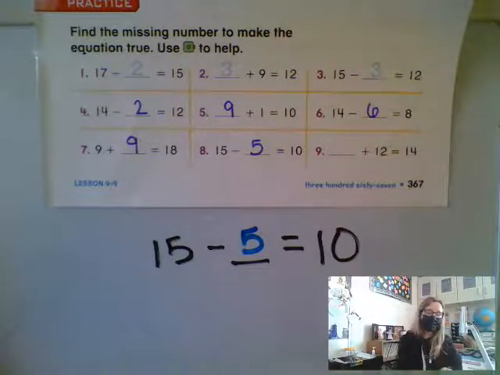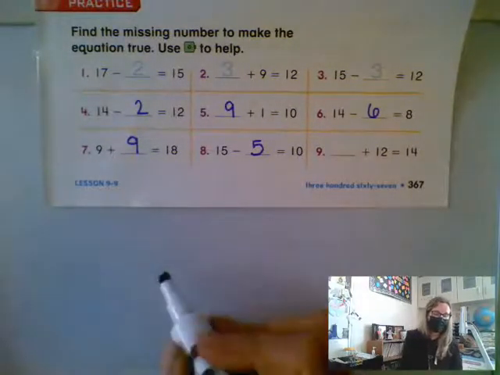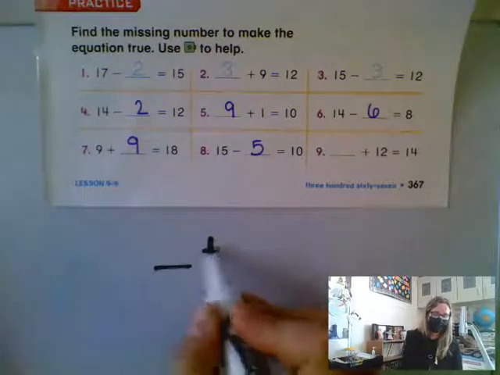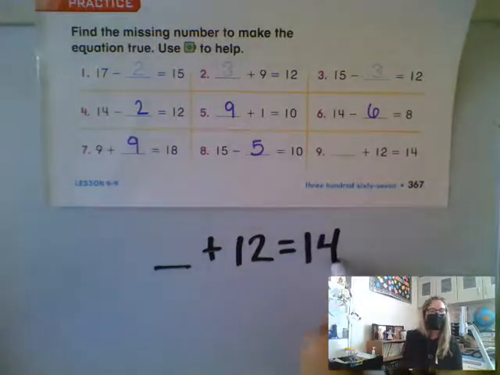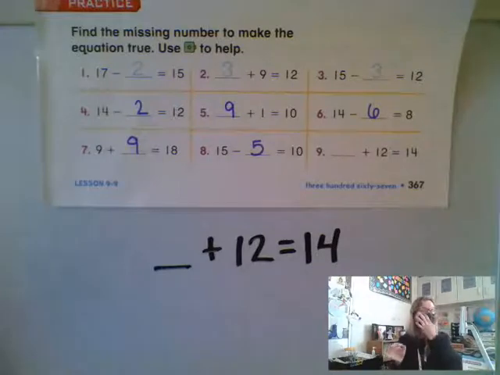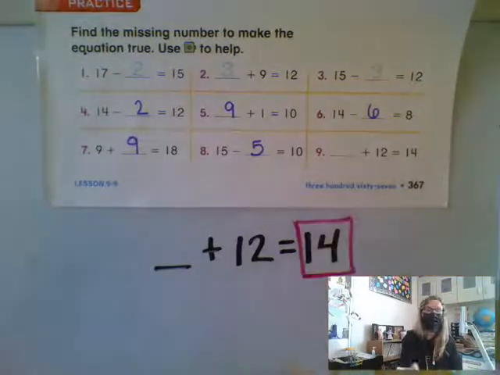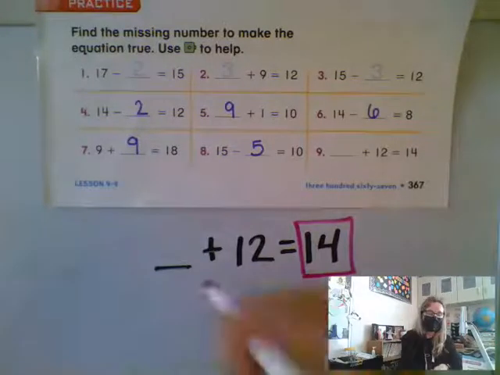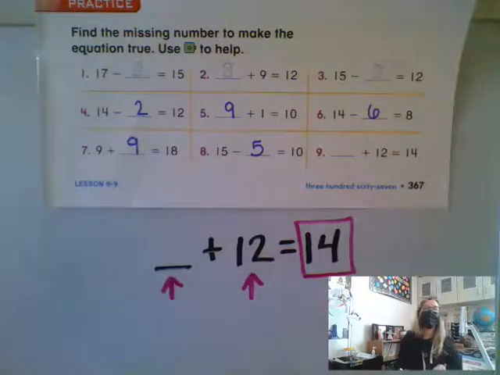And the last one, Camila, would you please read us what it says? Blank plus 12 equals 14. So Camila, let's talk about what we already know. We know that all together we have to have 14. That's our whole. We know that one of our parts is 12, and we have to figure out the other part.